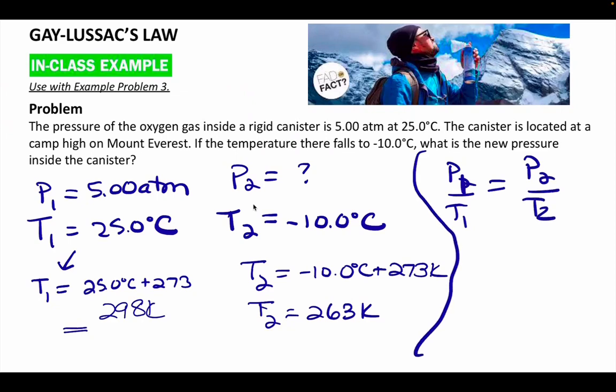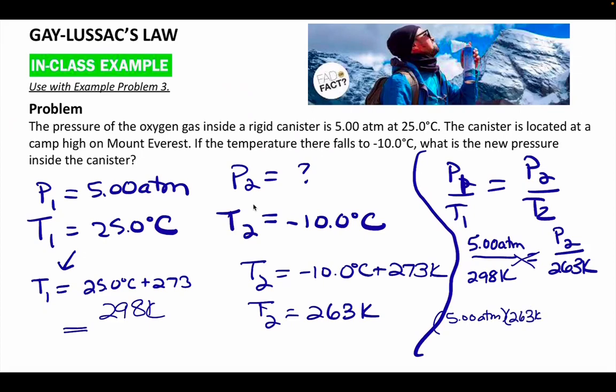So I plug in 5 atmospheres over 298 Kelvin equals P2, my X, over 263 Kelvin. You can stop at that point and solve, or you can show your work. We cross multiply, so it's 5 atm times 263 equals P2 times 298 Kelvin.